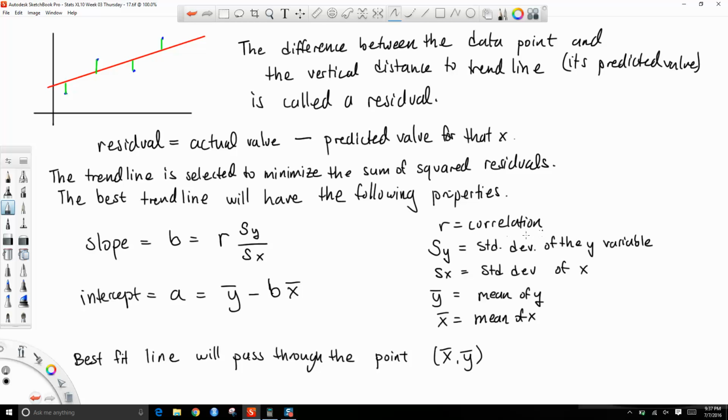Correlation is calculated using a computer. There is a formula, but we didn't learn it. So correlation will be given to you or provided as part of computer output. Then you can plug those in and get the slope and intercept. It's just a matter of correctly labeling what's the standard deviation and what's the mean.